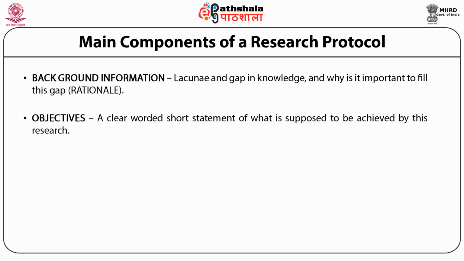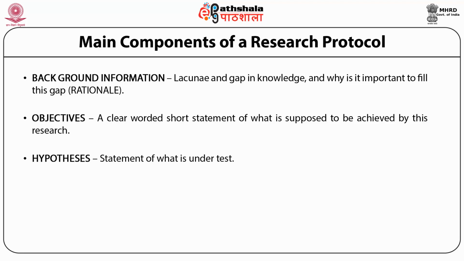There are basically two types of objectives. First is the primary objective, on the basis of which the sample size and the main study are designed. There is another which you are interested to have knowledge about. These are called secondary objectives.